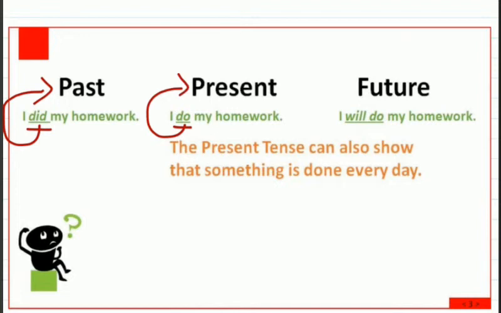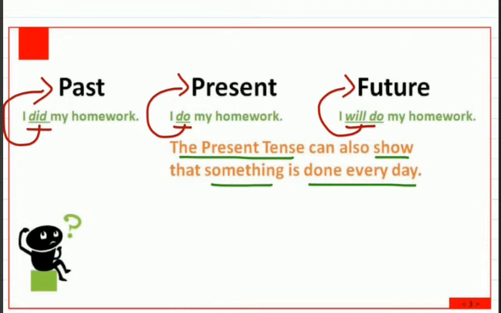Now, it's kind of important as well to remember that the present tense can also show that something is done every day. I go to school every day. I walk to the bus every day. My last example was, I will do. When I see will do, I know the event will happen in the future.